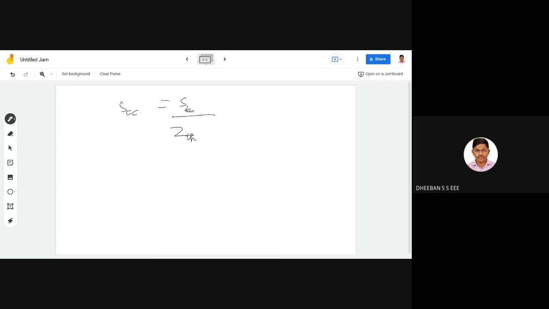The same thing will come over here. One point you have to check is that this ZTH will be in per unit on the common base MVA, and hence your SCC value will also be in MVA. While dealing with the problem, I'll explain, so it will be very easy for you to understand.